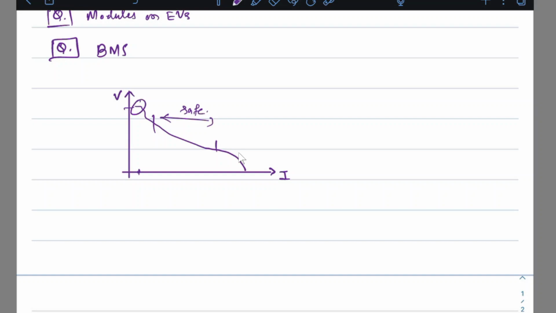And of course, as the temperature increases, because lots of current is being drawn from the battery, the reaction rates also get affected, so your depletion would happen much faster.